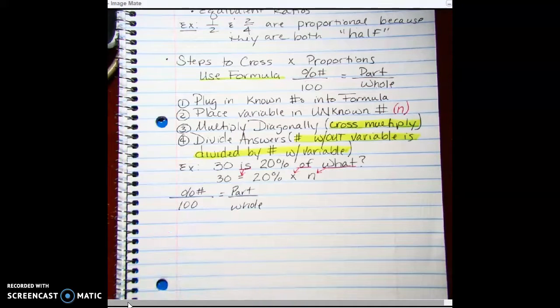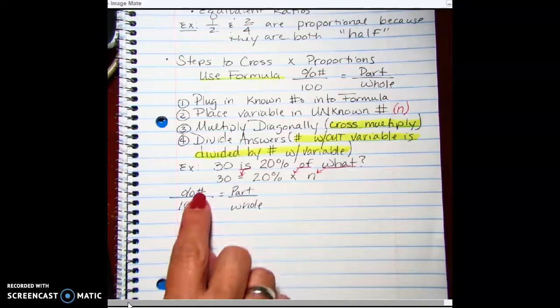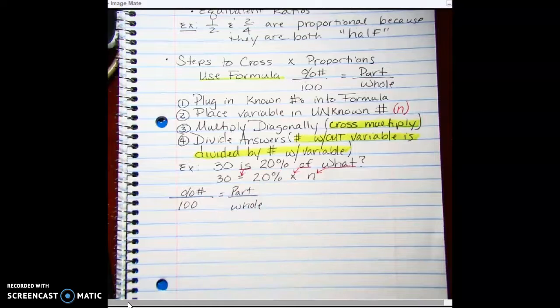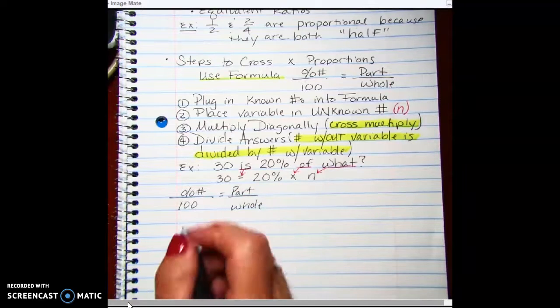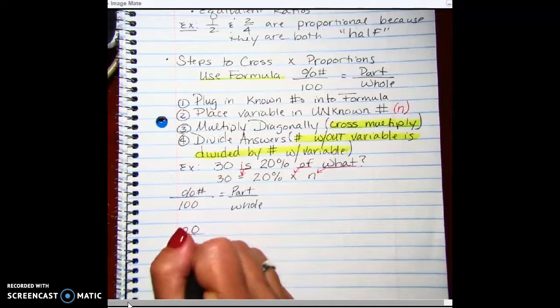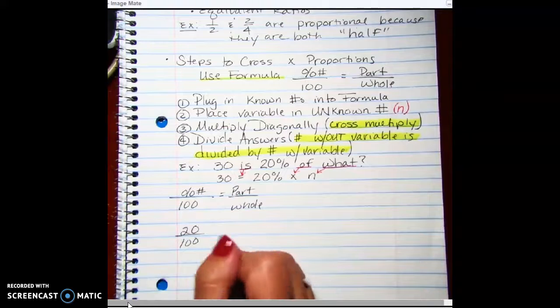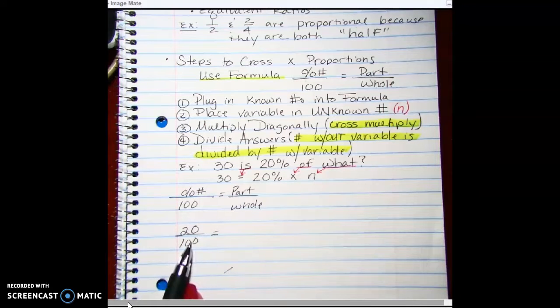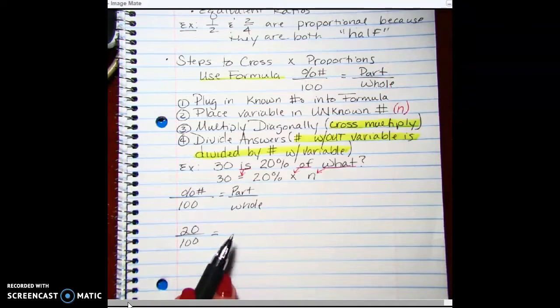Okay, that's my start, but hey, where does everything go? Well, let's start with the easy stuff. It says percent over 100. Well, that's 20. So I'm going to go ahead and write 20 over 100. That's done. I'll put my equal sign because I am going to get an equivalent proportional fraction over here to solve.